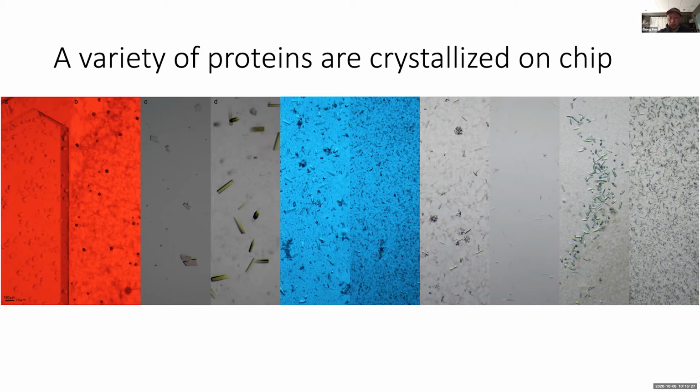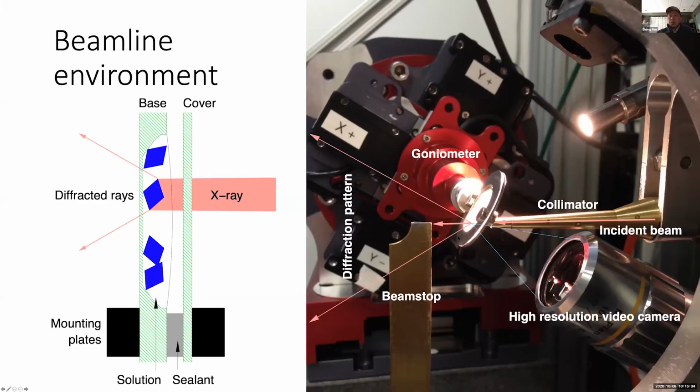So if you put this device with protein crystal already grown on it in the beam, this is a BioCARS picture in the early days. What is going to happen is the incident X-ray beam will have to go through the front cover.